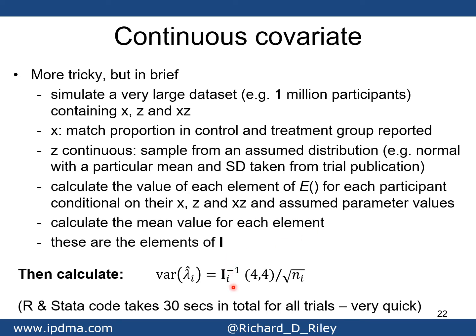We can then take the inverse and the 4 by 4th element and divide it by the square root of the sample size, and that gives us the variance of the interaction estimate from each trial. So just as for the binary covariate, very similar things are needed. The only additional problem is that we need to assume a particular distribution for the continuous covariates, but then all our code works out all the practicalities in the background.